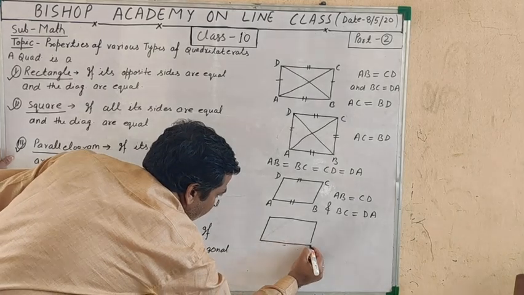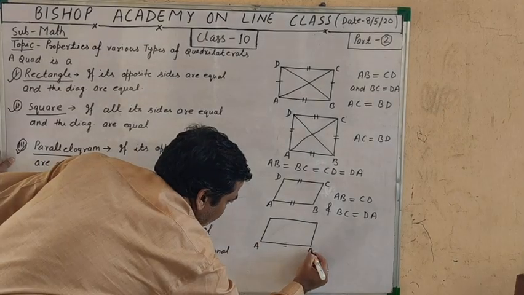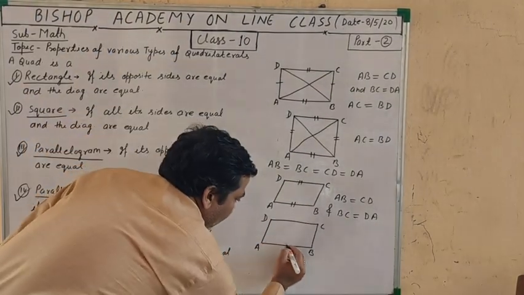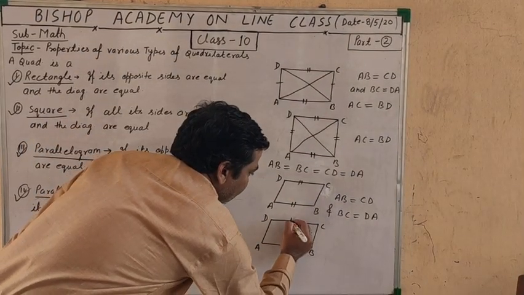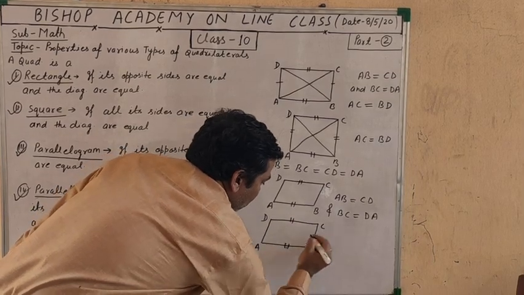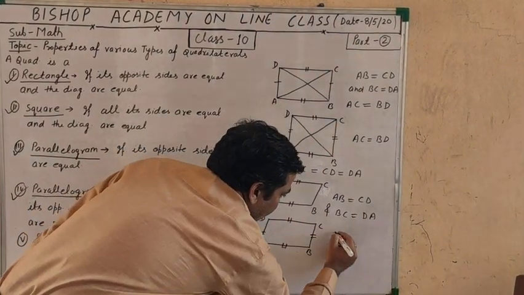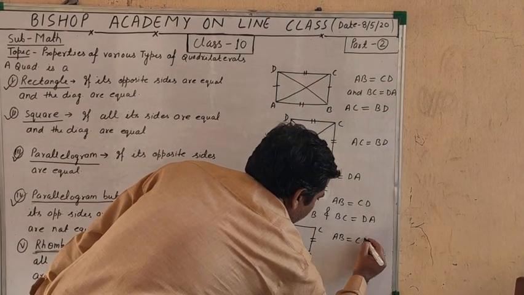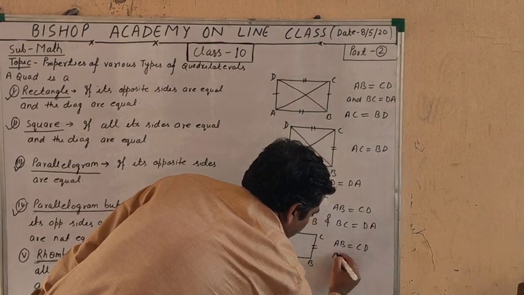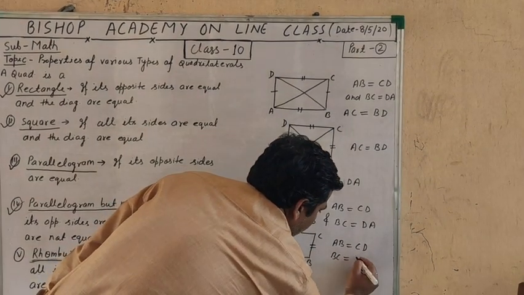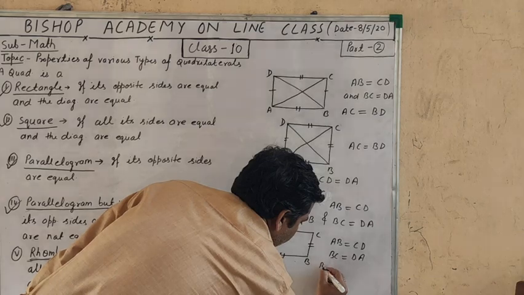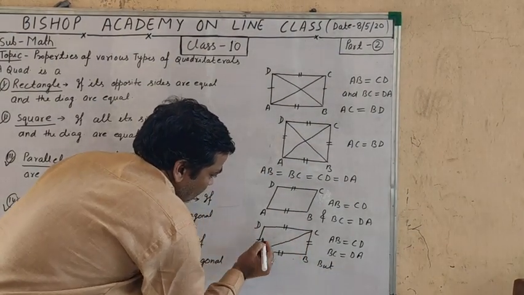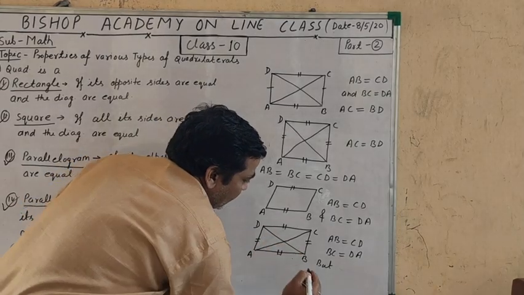A quadrilateral ABCD, if AB equal to CD, BC equal to DA, but diagonal AC not equal to diagonal BD.